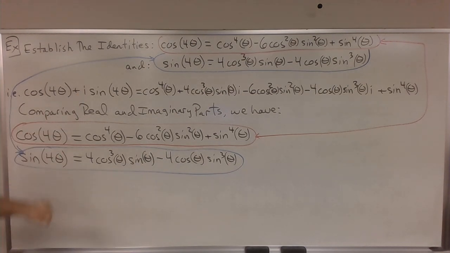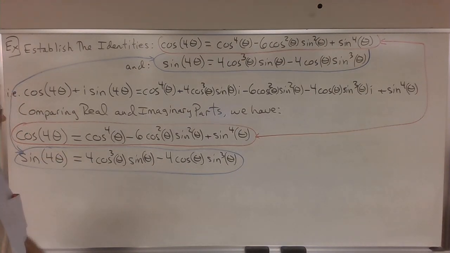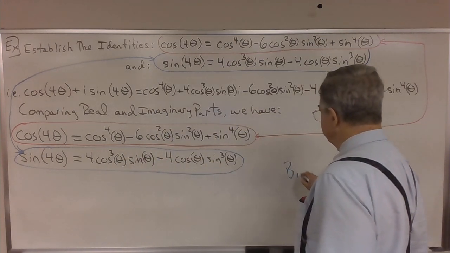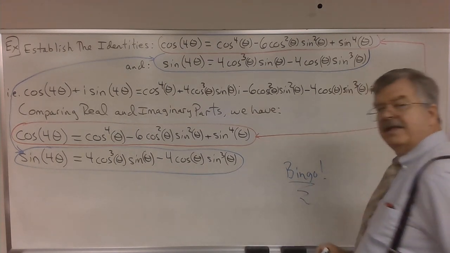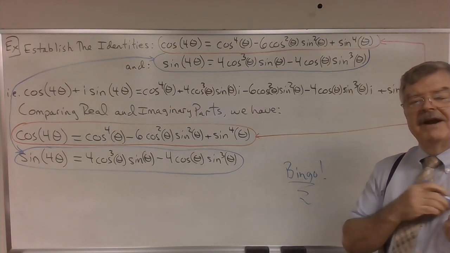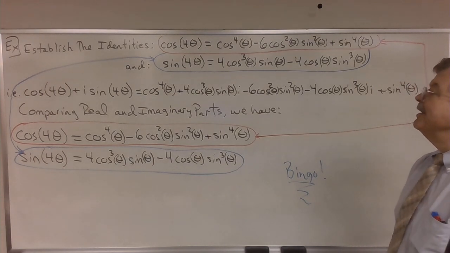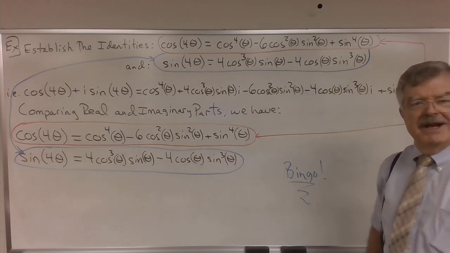Sine 4 theta equals 4 cosine cubed theta sine theta minus 4 cosine theta sine cubed theta. Okay. In our complex variables or complex analysis laboratory, we have just created 2 new trig identities.